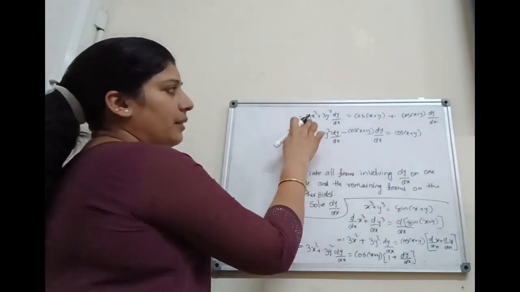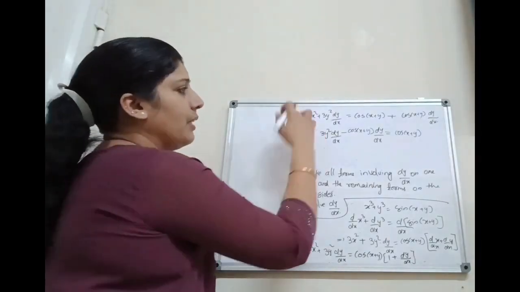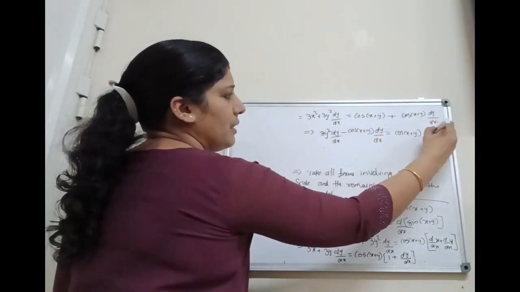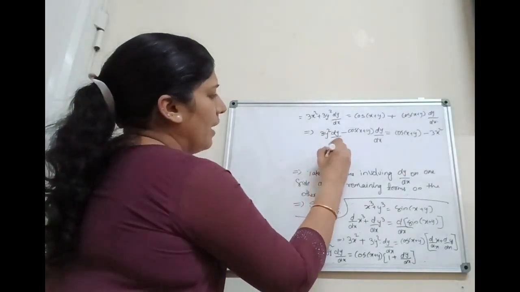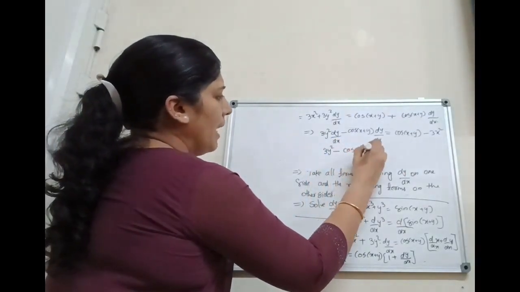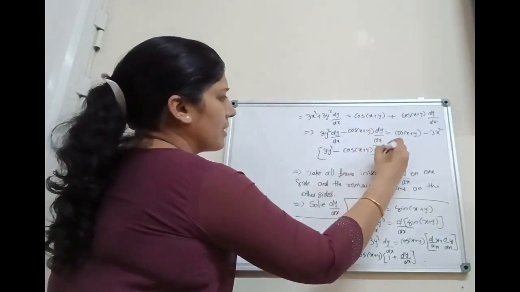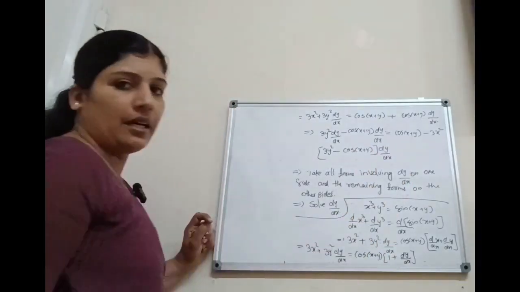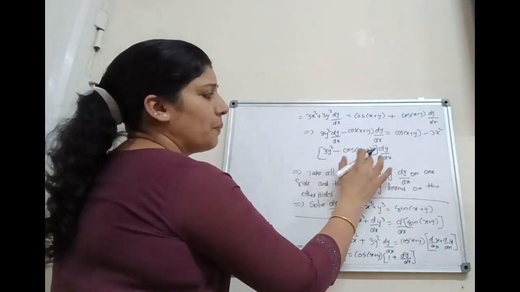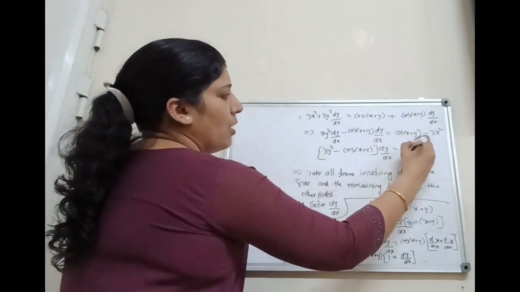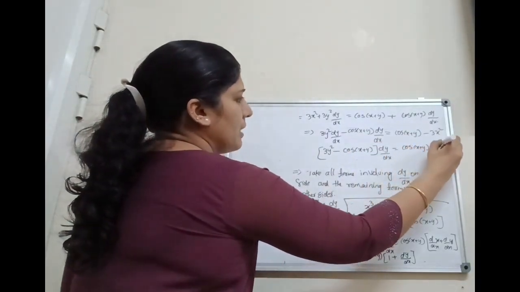Then 3x square on the left side, we take it to the right side, that implies minus 3x square. That implies 3y square minus cos of x plus y into dy by dx, since dy by dx is a common term, we take it as a group: 3y square minus cos of x plus y into dy by dx equal to cos of x plus y minus 3x square.